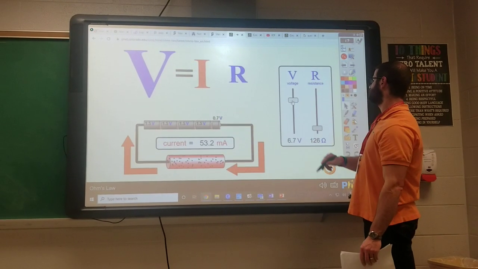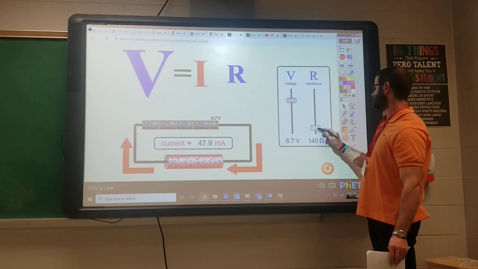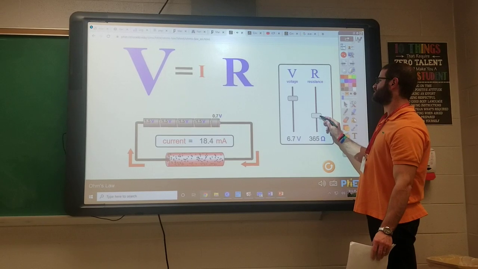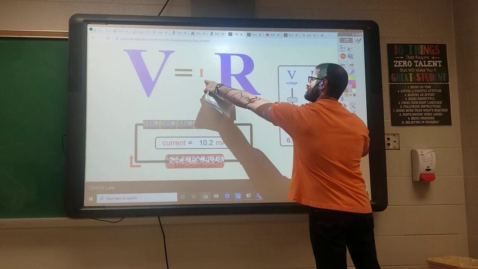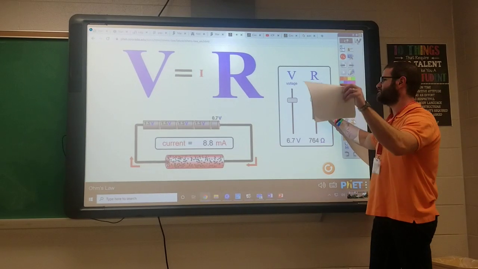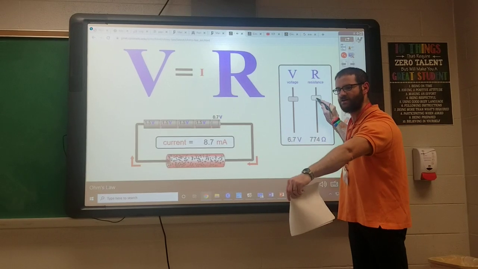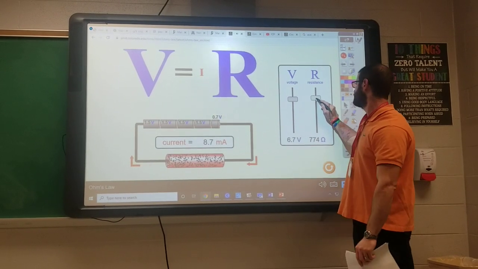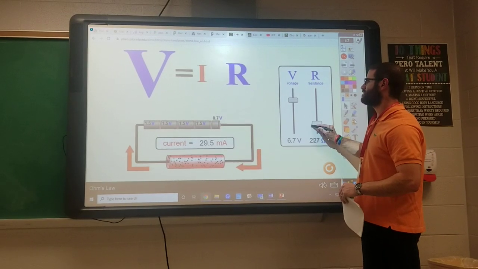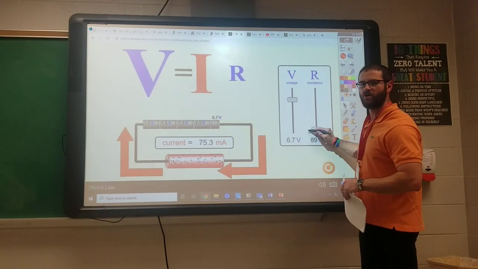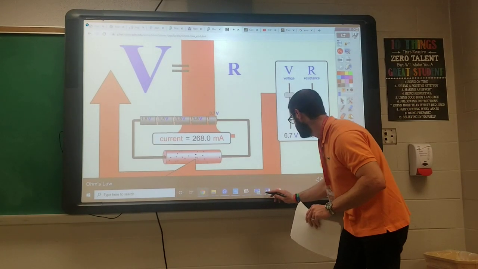If I keep the voltage the same and increase the resistance, the current is getting smaller, right? Because if we increase the resistance, we're increasing the restriction on the flow of charge, and we're decreasing the current. If I decrease the resistance, the current gets larger. Less resistance, more current can flow.